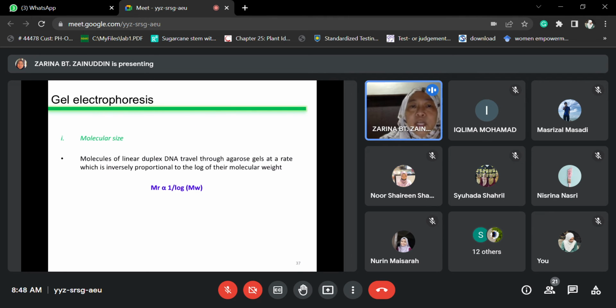Alright, so maksudnya kalau you ada banyak DNA sample, bila you run gel, yang DNA sample yang ada size bigger, for example you nak run gel 1, you expect you akan dapat DNA with the size of 1000 base pair, and gel number 2 you run DNA yang you expect actually the size will be 500 base pair.